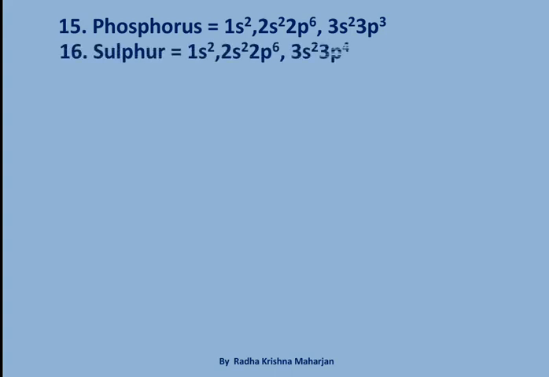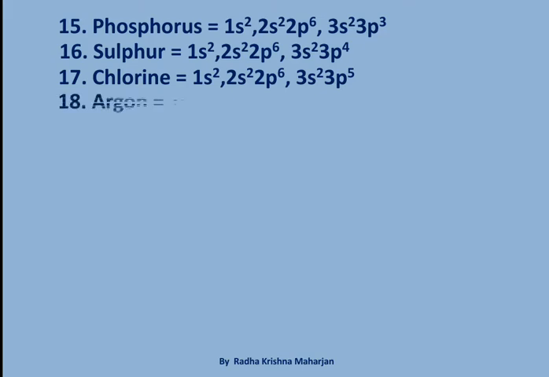Sulfur 1s2 2s2 2p6 3s2 3p4. 17. Chlorine 1s2 2s2 2p6 3s2 3p5. 18. Argon 1s2 2s2 2p6 3s2 3p6.